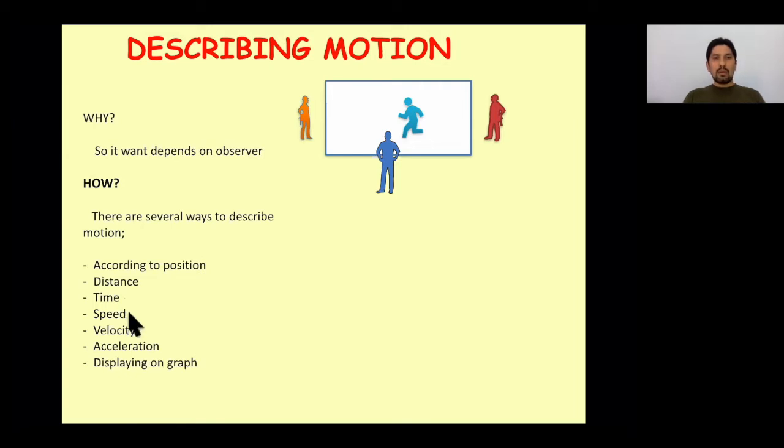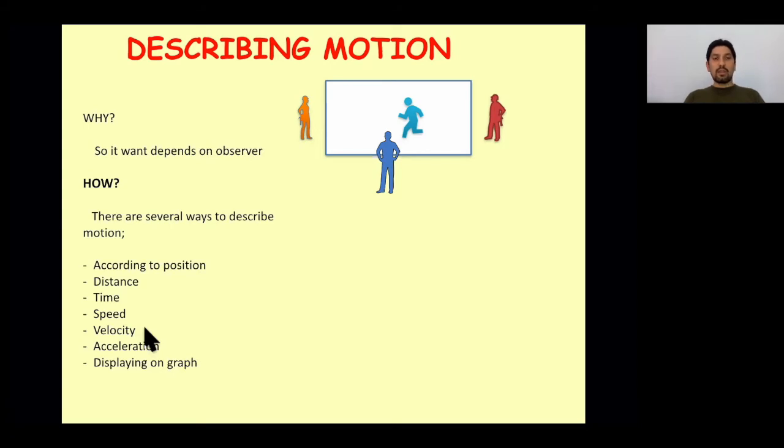We can also describe by speed, how fast the object is moving. To talk about how fast the object is moving, we need to combine distance and time here. So we can improve the description even more. Velocity is an even more advanced way.